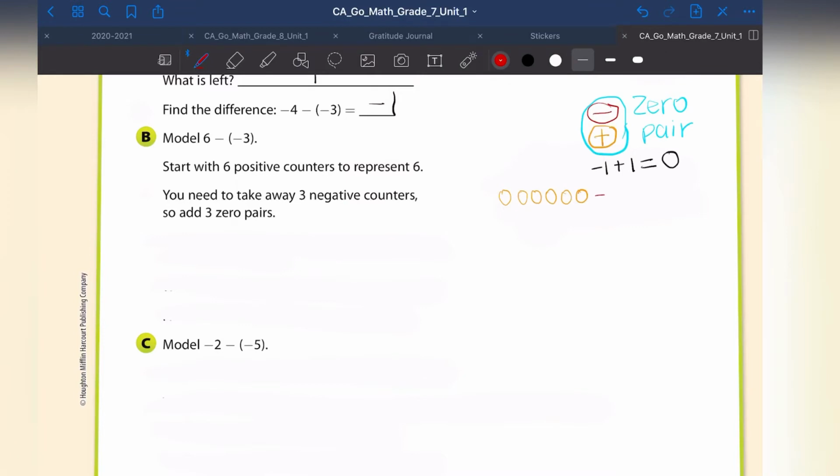So we're going to have to form 3 0 pairs because we are technically adding 3 zeros. There we have those 3 0 pairs. Again, I added the 3 0 pairs because I didn't have enough negatives to subtract. So now I do have enough negatives to subtract, and I can just get rid of them.